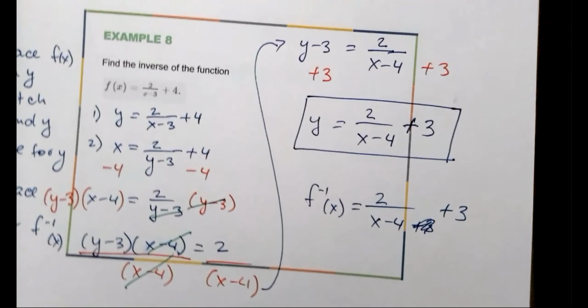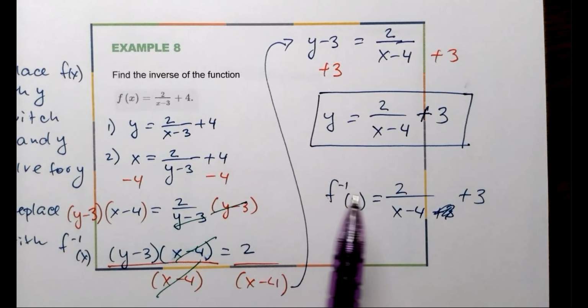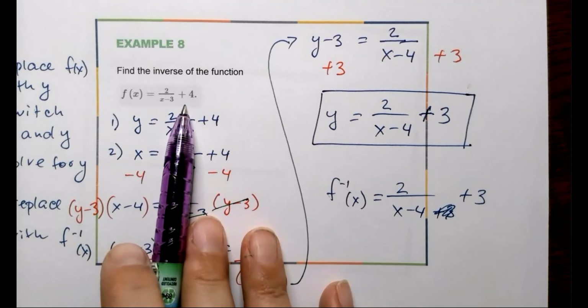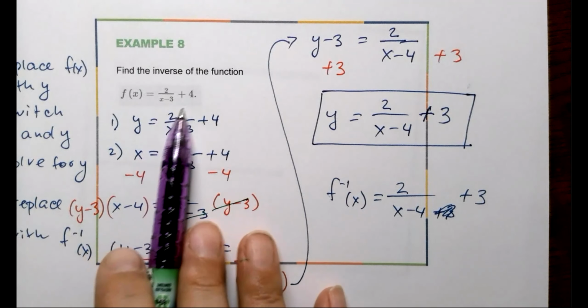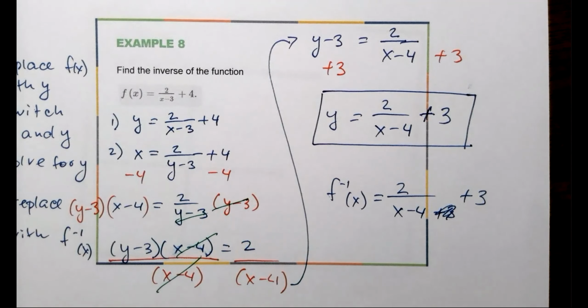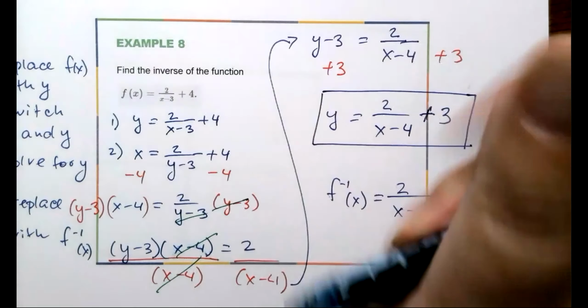And here's our example 8. So this was our inverse function, and this was our original function. So if we go through the transformation, this is the transformation of 1 over x.